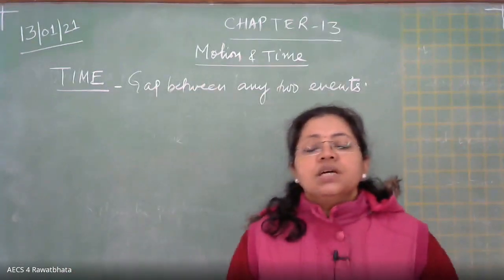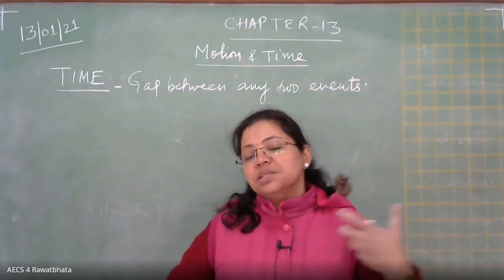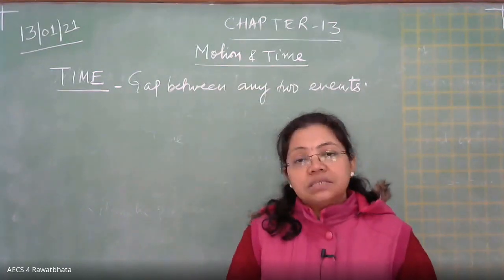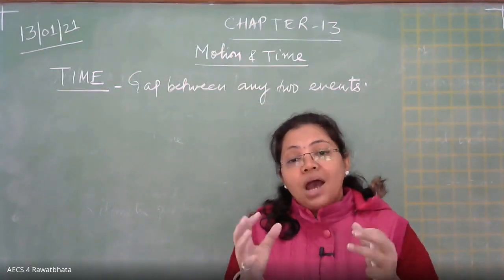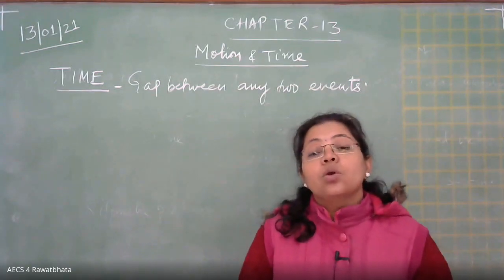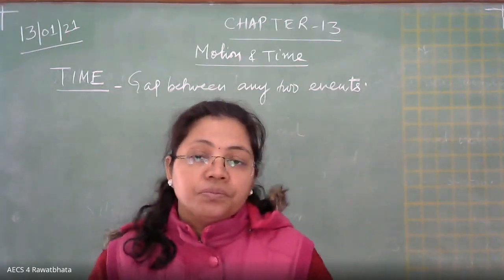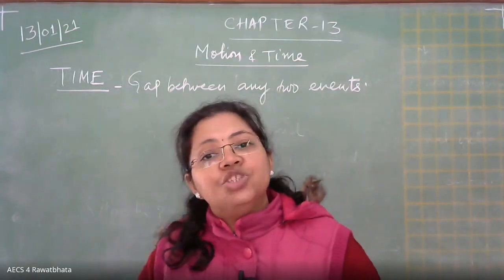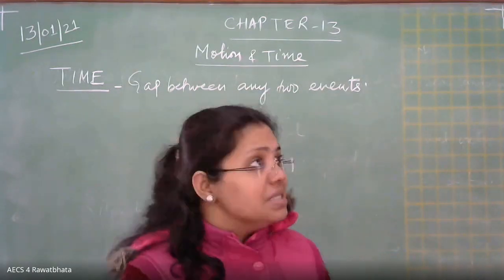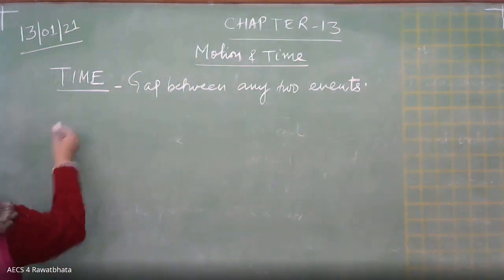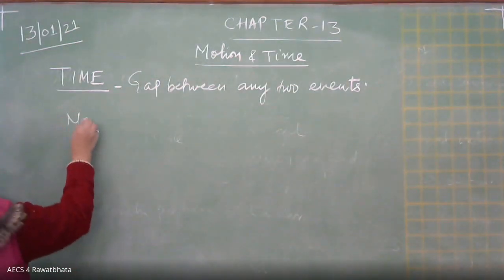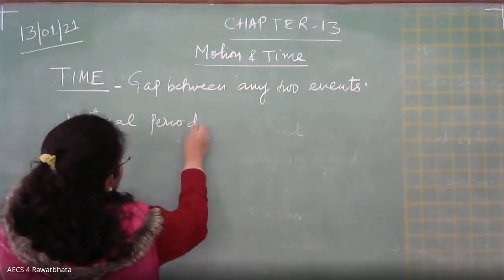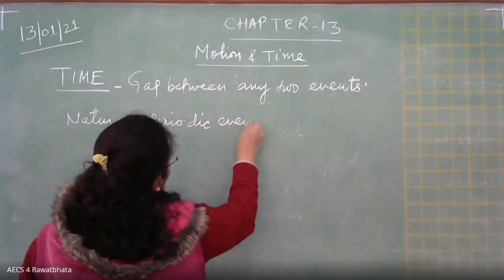So here is what these people did. These kings and maharajas made ancient time measuring devices, but the idea basically they got from nature. The idea for making these time devices came to them from nature. Nature means they observed some natural periodic events.